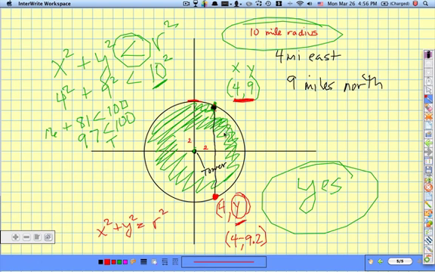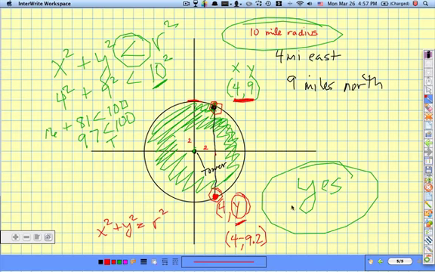That's how we're going to find our answer. Now look at this. We have a coordinate here, 4, 9, and 4, negative 9.2. All you have to do is find the distance. From here to here is 9, from here to here is 9.2. If you add those two distances up, you get 18.2.